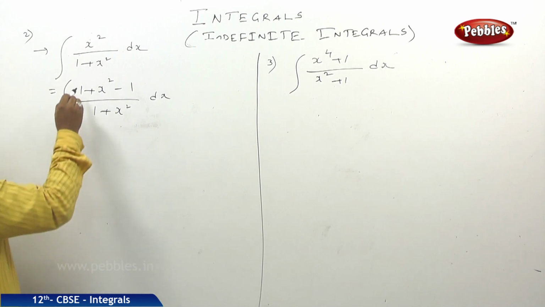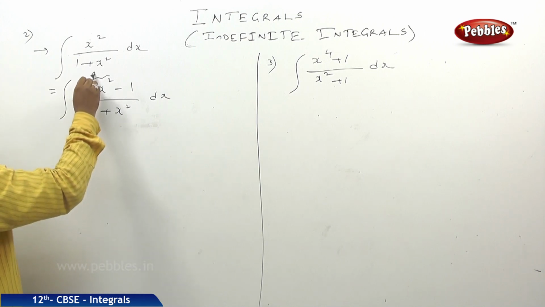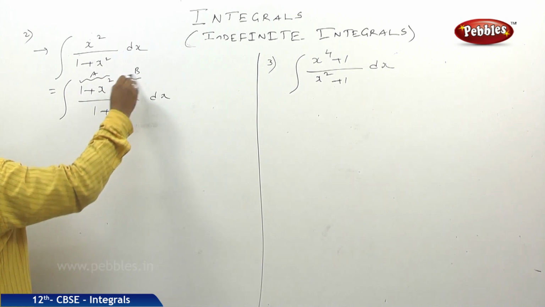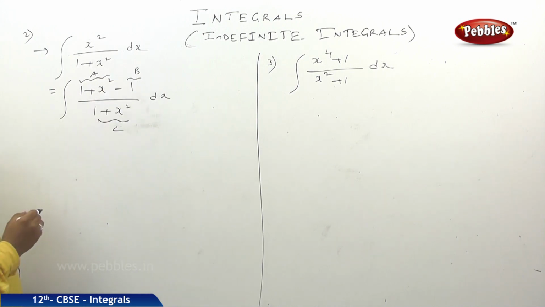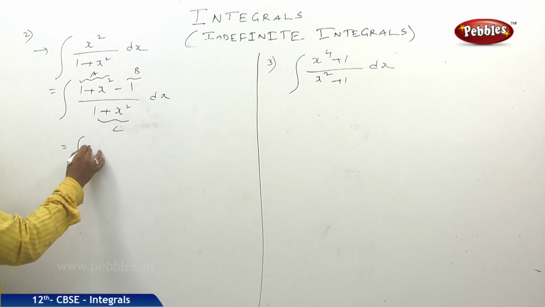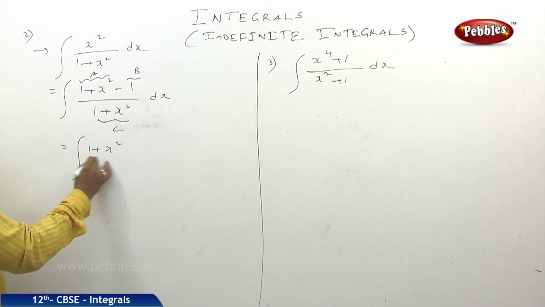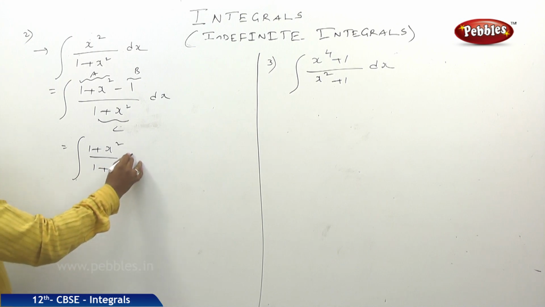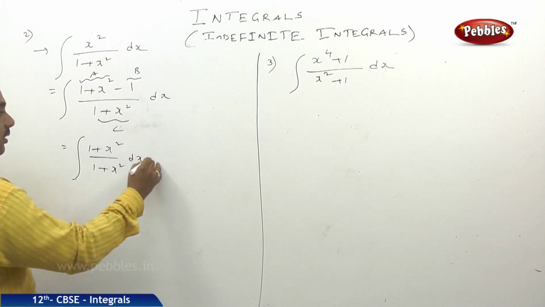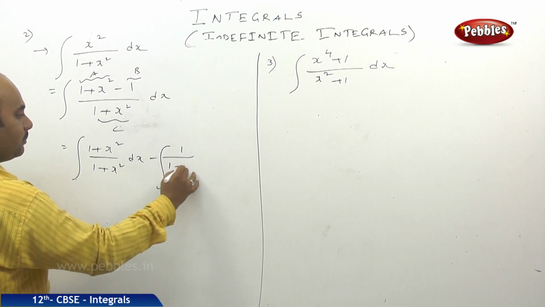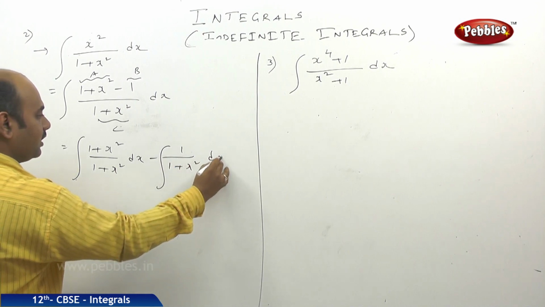Now again, it is like a, it is like b, it is like c. So a minus b by c means I can write it as (1 plus x square) by (1 plus x square) dx minus integral of 1 by 1 plus x square dx.